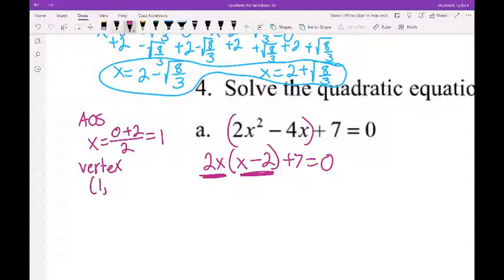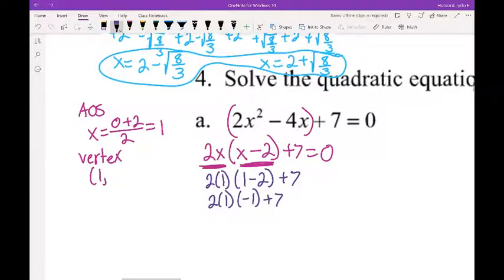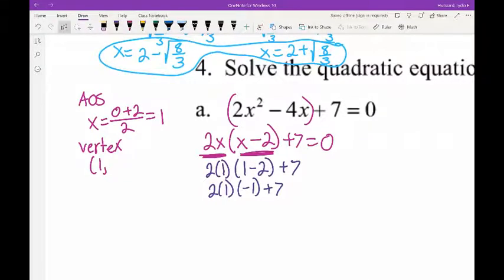And we'll plug it back in to get that y value. So we'll say 2 times 1 minus 2 plus 7. It'll be 2 times 1 times a negative 1. Okay, so this will be negative 2 plus 7, which is a positive 5.